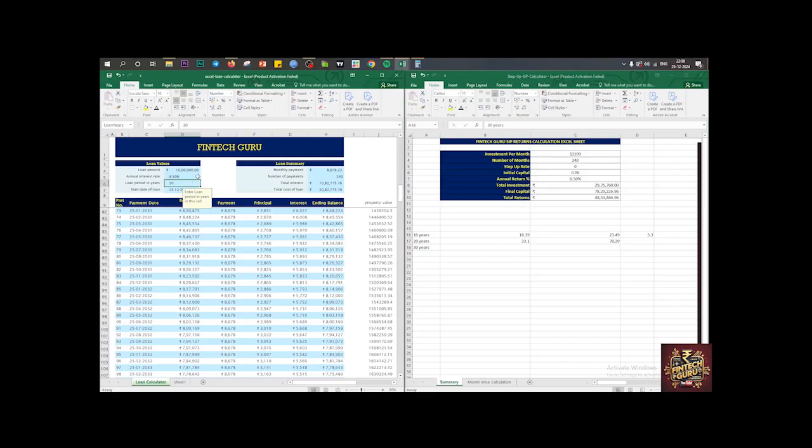Right. So we'll change this tenure to 30 years. See, your EMI is slightly reduced from 20 years to 30 years, but what changes is the total interest. Previously the total cost was about 20 lakhs, before that it was 14.87, and now it comes to 27.